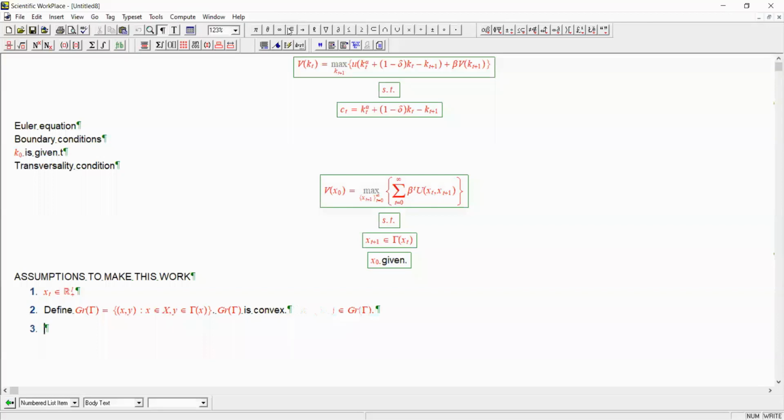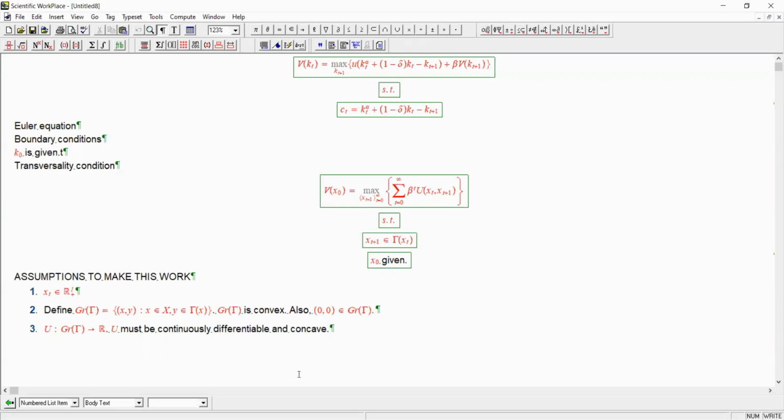Next, notice that u is a function that maps from the graph of gamma into real numbers. U must be continuous, differentiable and concave.